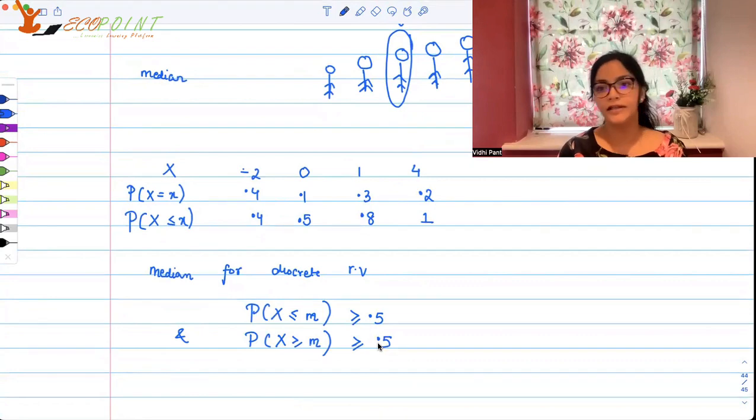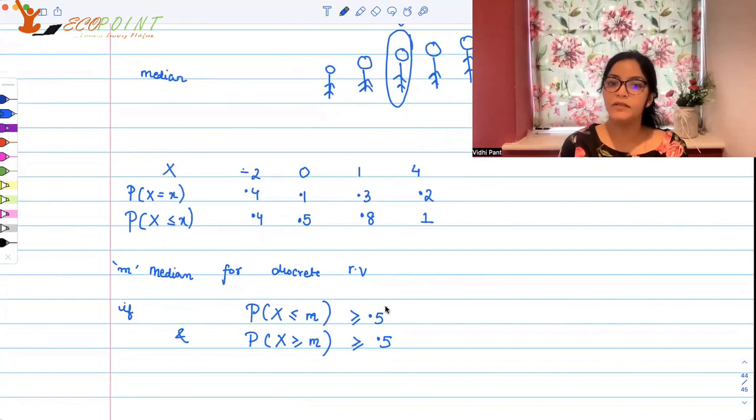So how do you define it for a discrete random variable? Median m. So m is the median in case probability x is less than or equal to m is greater than or equal to 0.5, and probability x is greater than or equal to m is also greater than or equal to 0.5.